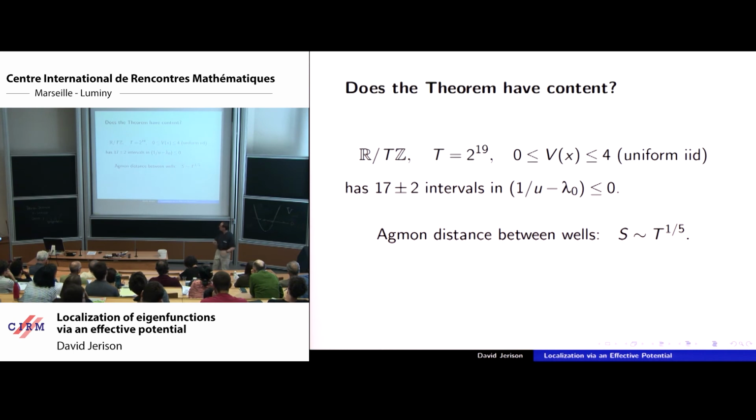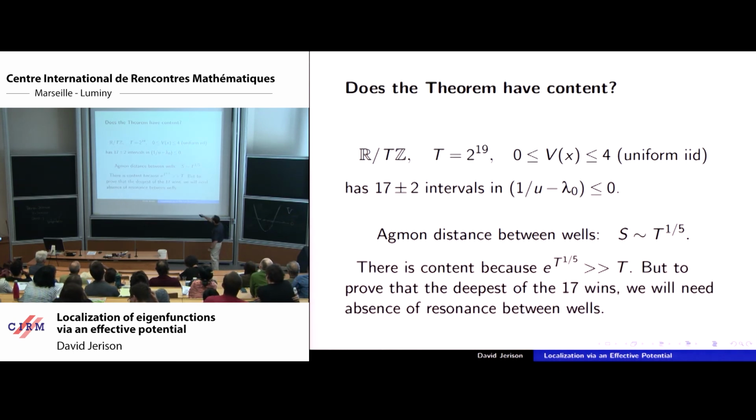Now, there's a good reason for this. The theorem for sure has content, and as t goes to infinity, it's getting better and better. It's asymptotically fantastic. You've got this exponential which beats by a mile the algebraic powers involved in the rest of the estimates.